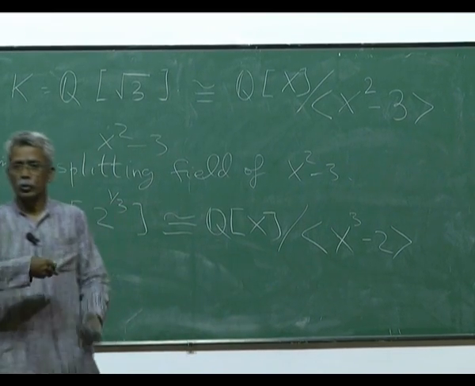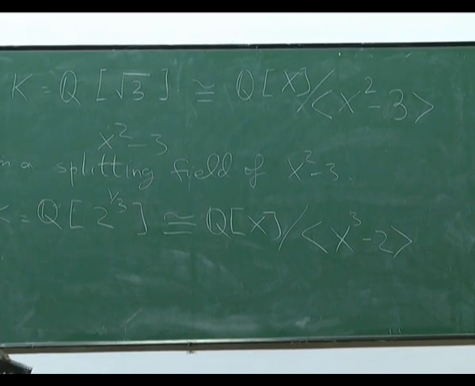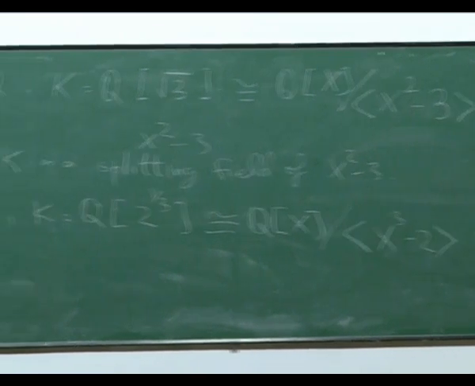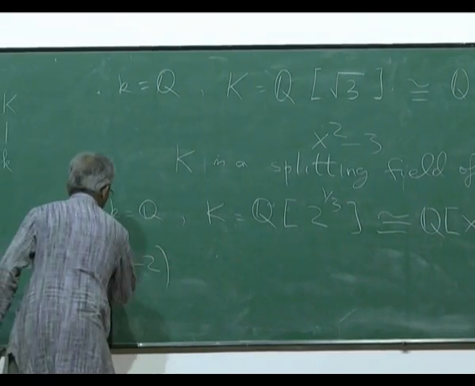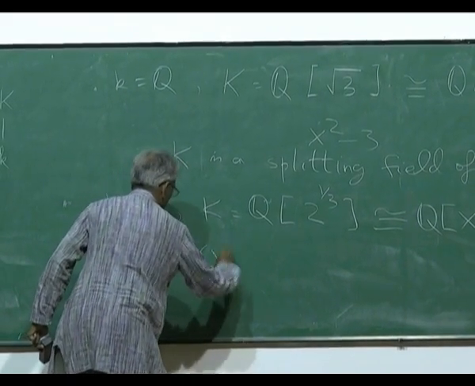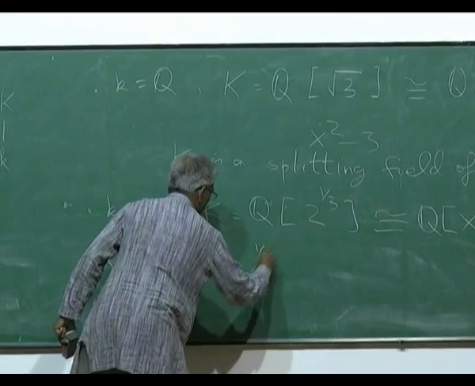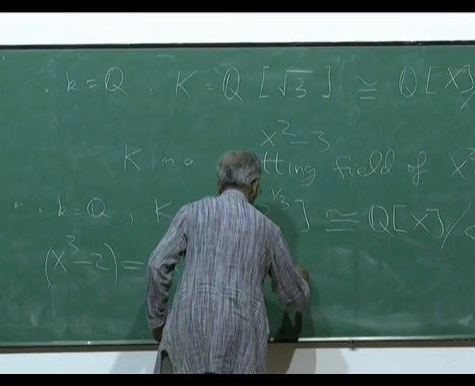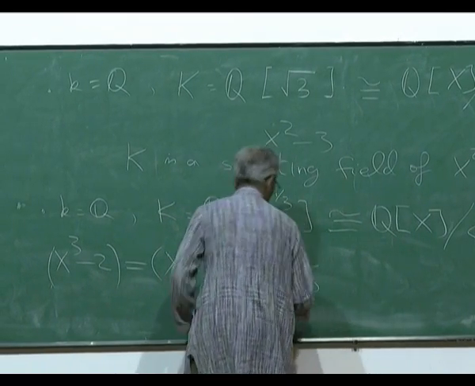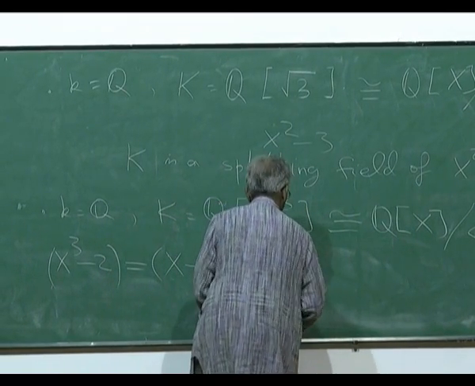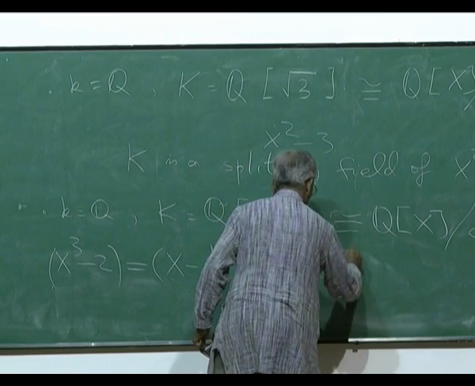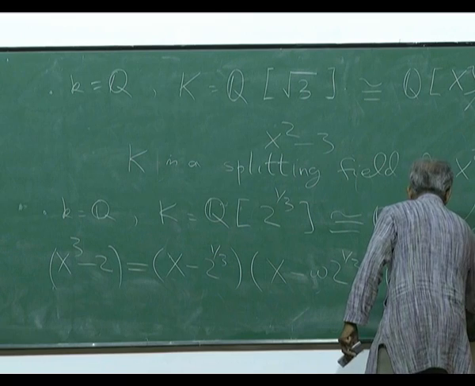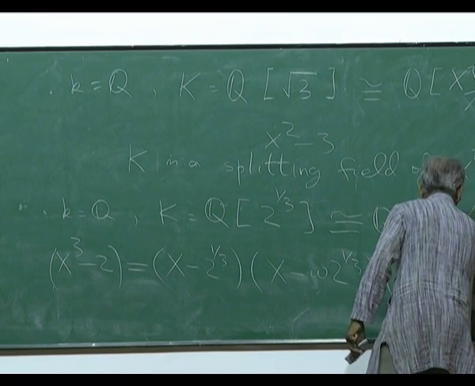However, we know how to write the factorization working with complex numbers. So over complex numbers you can write x cube minus 2 as x minus 2 power 1 by 3 times x minus omega 2 power 1 by 3 times x minus omega square 2 power 1 by 3.